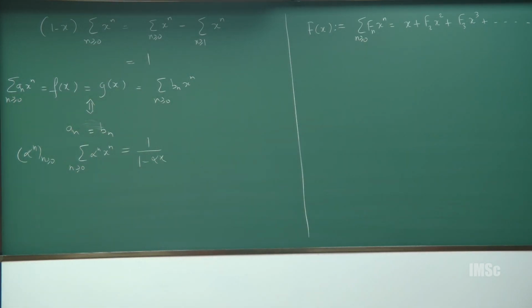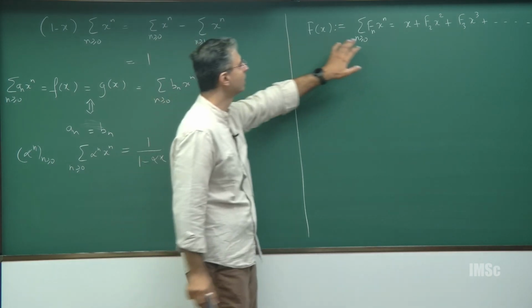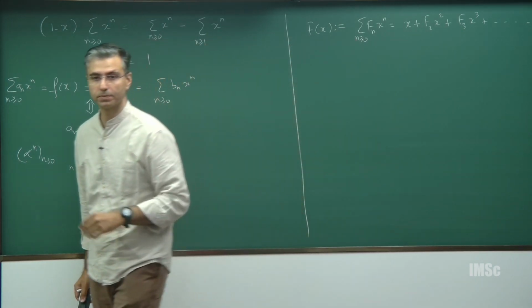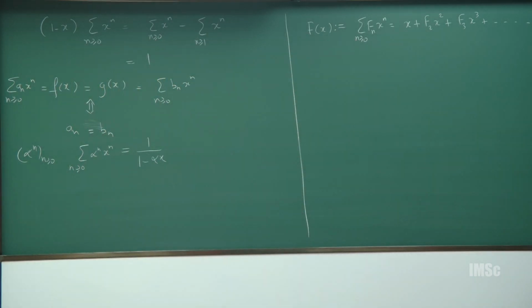So, by definition we are saying that this is the generating function for the Fibonacci recurrence or the Fibonacci sequence. Okay. Now, somehow from there we want to derive some such formula for the nth Fibonacci number.